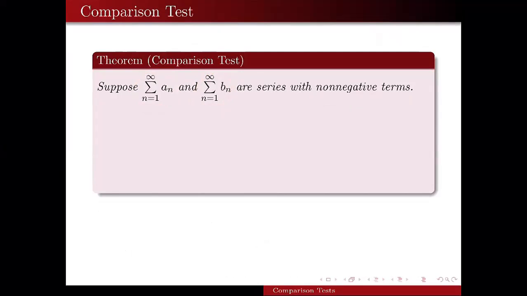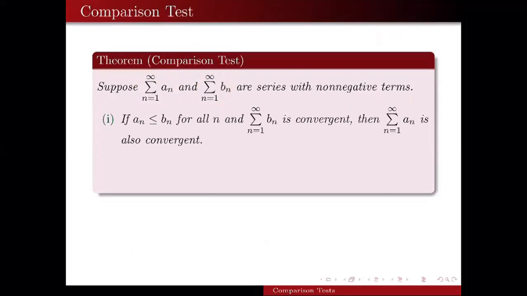Then, if a sub n is less than or equal to b sub n for all n, and the series b sub n is convergent, then the series a_n is also convergent.